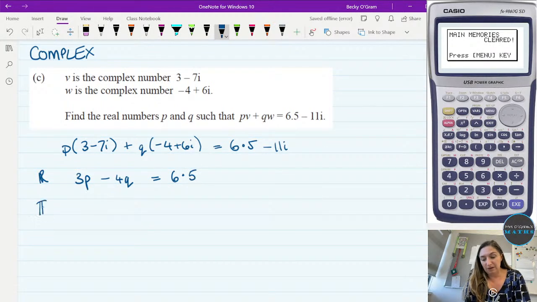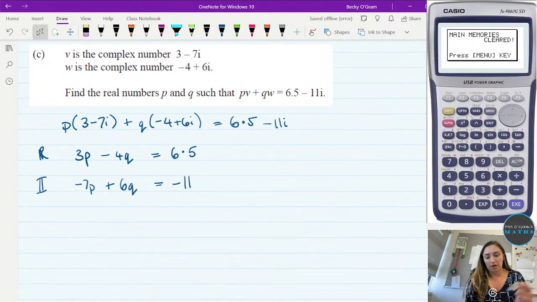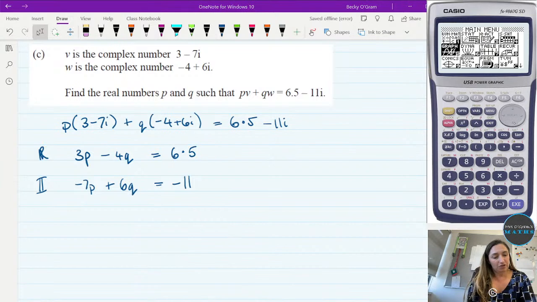If we take the imaginary parts, we've got minus 7p plus 6q, and on the right hand side we've got minus 11. With that we can do some simultaneous equations, because we've got 2 equations and 2 unknowns.